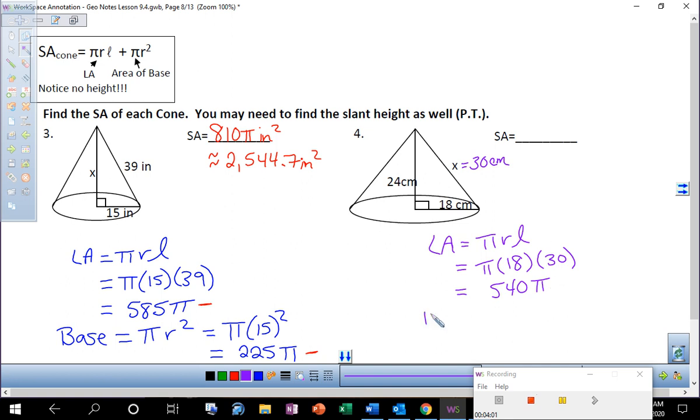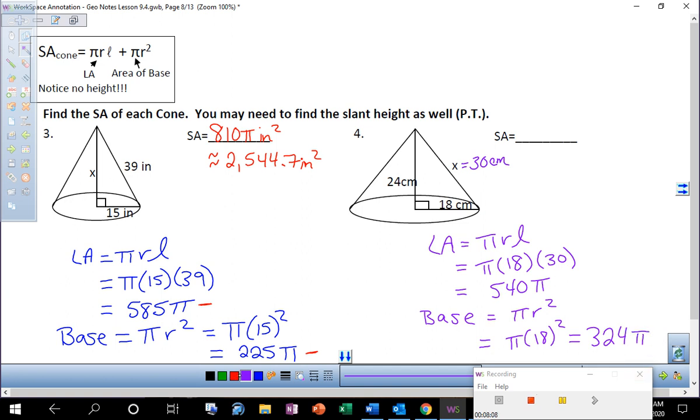And then the base, again, our base is just a circle, so we have to use pi r squared. Radius, again, is 18. 18 squared is 324 pi.